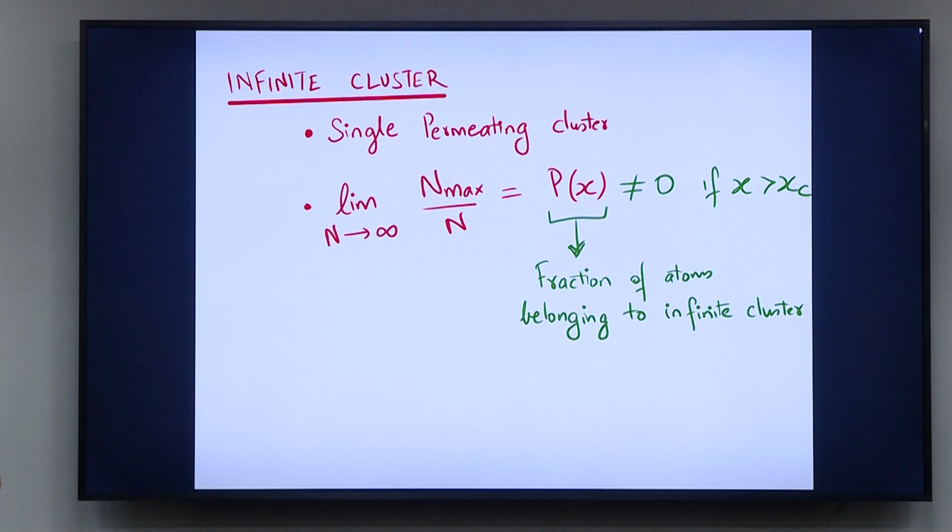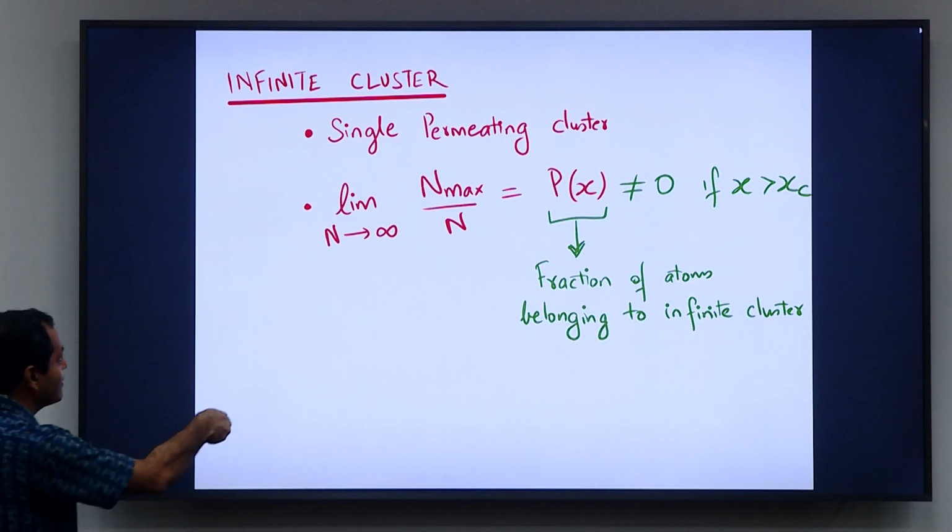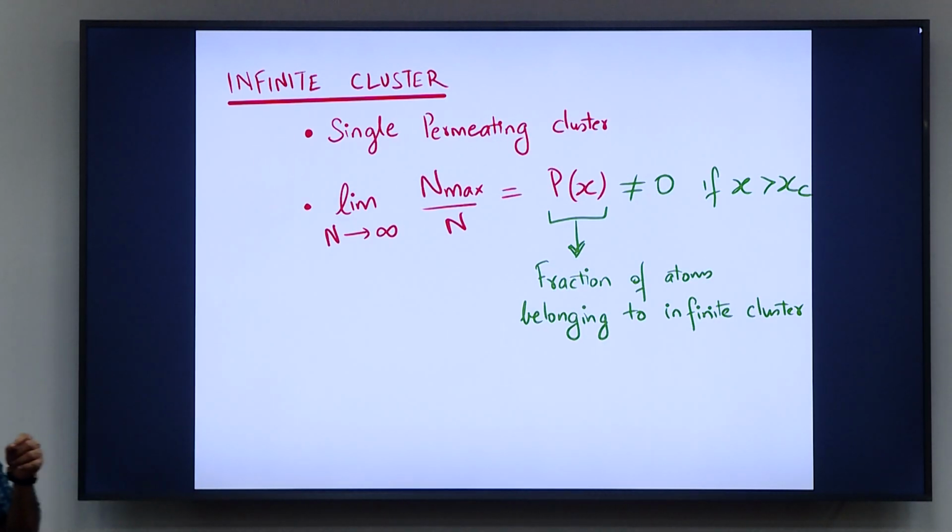But there could be other clusters, say, N max prime, the next smaller cluster, the second largest cluster, that if you increase the size and take the ratio N max prime upon N, it will tend to 0 as N tends to infinity. All other clusters become smaller in proportion to the system size, so it's upon N. They don't grow, whereas one infinite cluster keeps on growing above the percolation threshold.